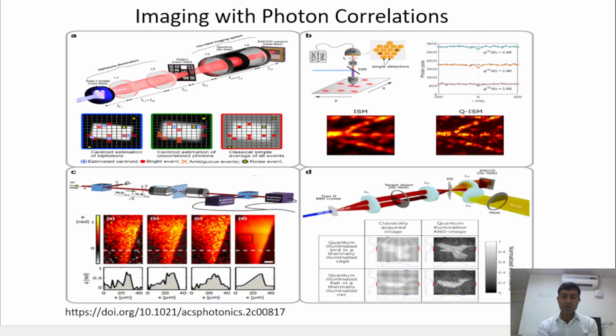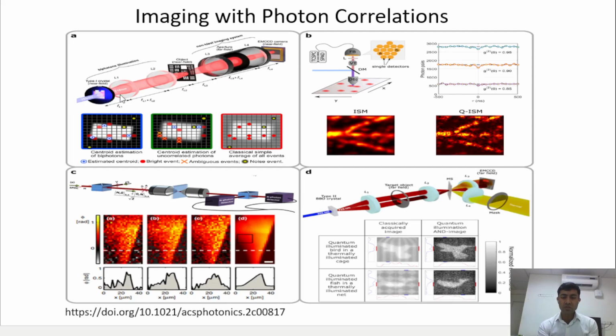Now there are various techniques for imaging using this photon correlations concept. In figure A, if we are able to observe whether photons arrive at the same time or not, we can step forward towards super resolution capabilities.